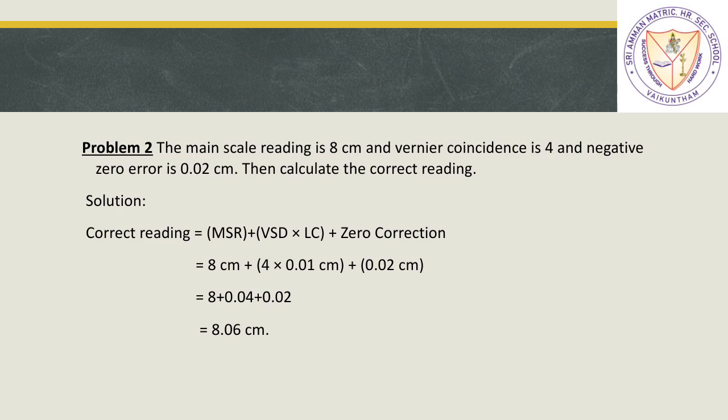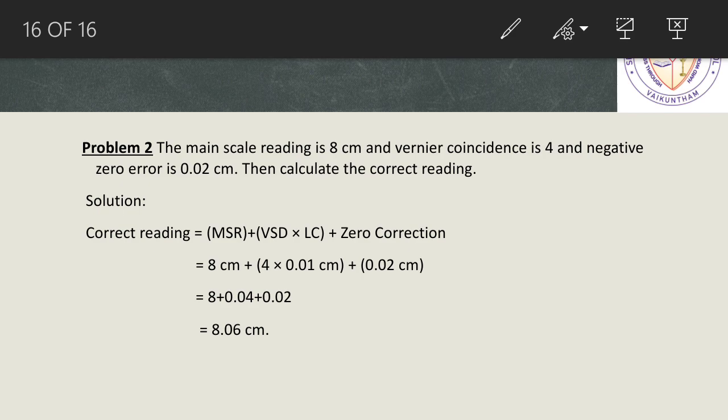So here MSR is 8 centimeter, VST is the coinciding division, that is 4 into 0.01, that is your least count, plus, so it is a negative zero error. Negative zero error means the correction will be positive, therefore it is plus 0.02 centimeter. So totally you will get 8 plus 0.04 plus 0.02, which gives you 8.06 centimeter.